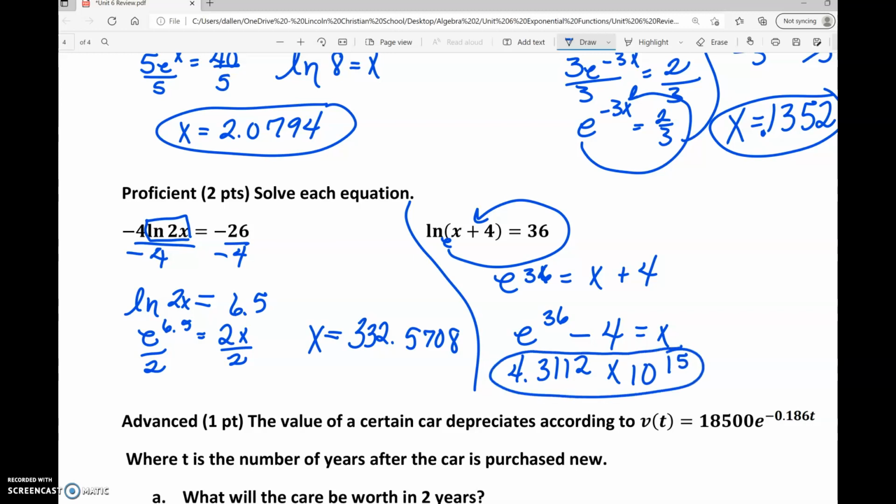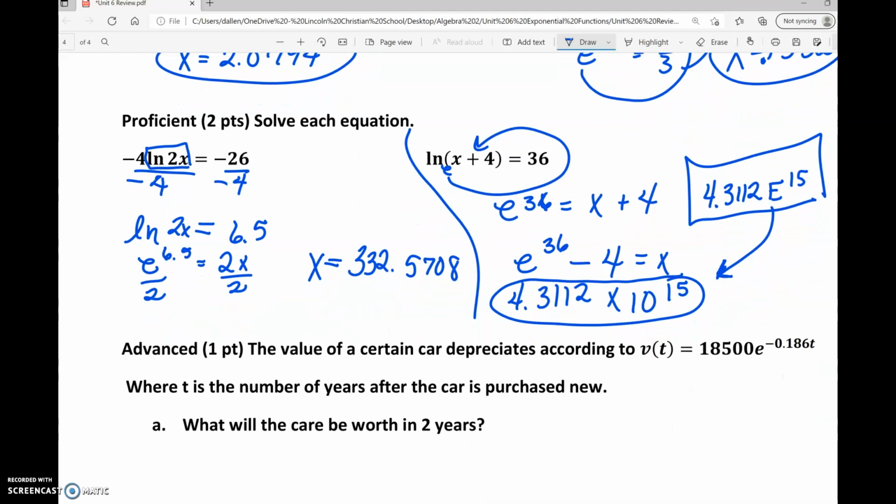Recognize that when the calculator gives it to you as this, that this is this. That's where you need to start recognizing that, because if you write this in college or anywhere, they're not going to take that. You need to recognize that as scientific notation.